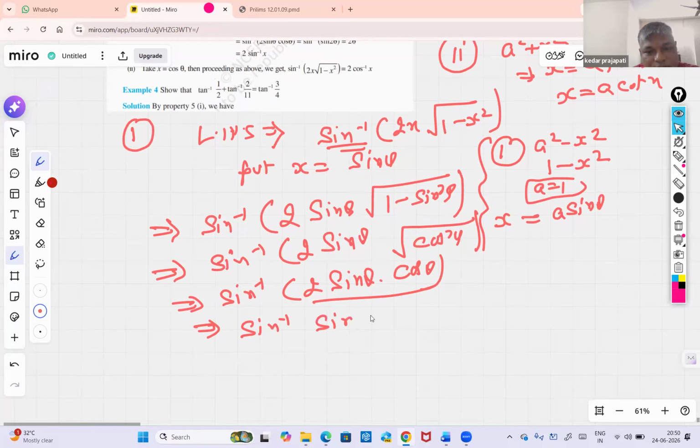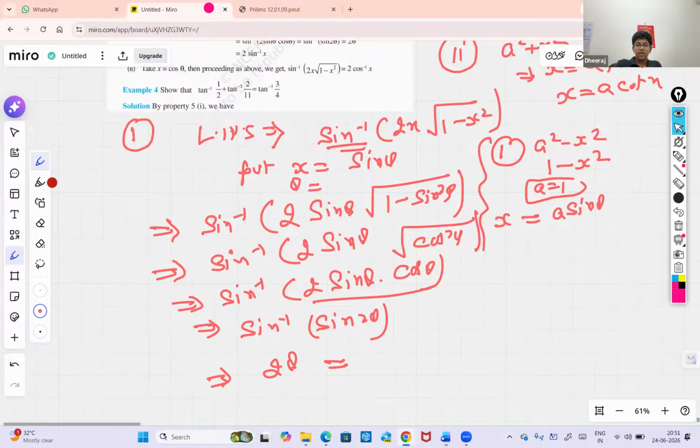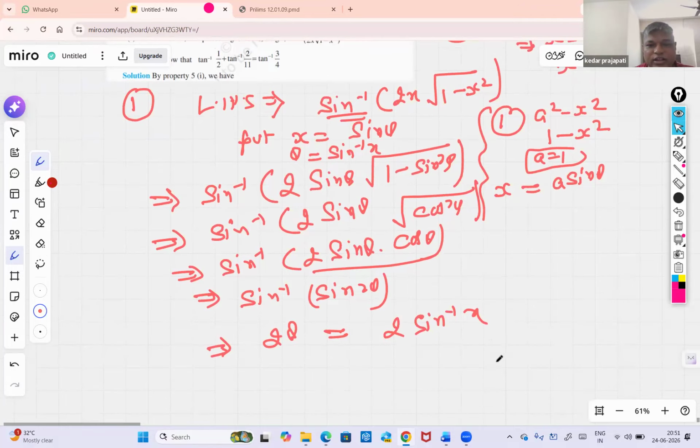Now there is no principal range issue, so simply sin and sin inverse will get cancelled out. You will get 2 theta. And x equal to sin theta we have taken, so from here theta will come as sin inverse x. So 2 sin inverse x. So we got the RHS.